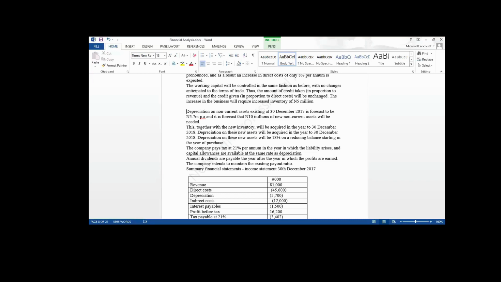The new asset is 10 million naira. Please compute 18% of 10 million.